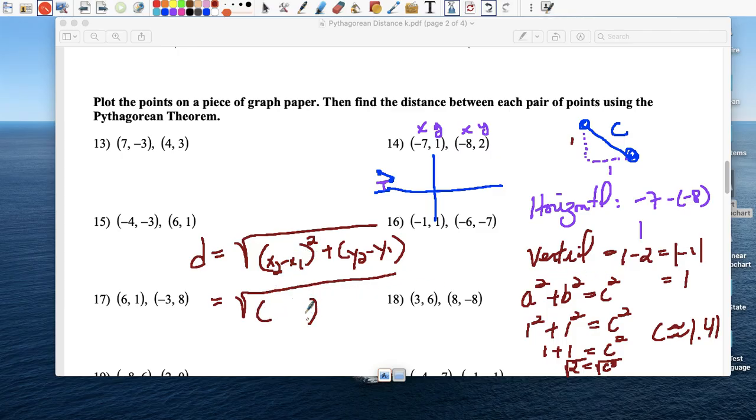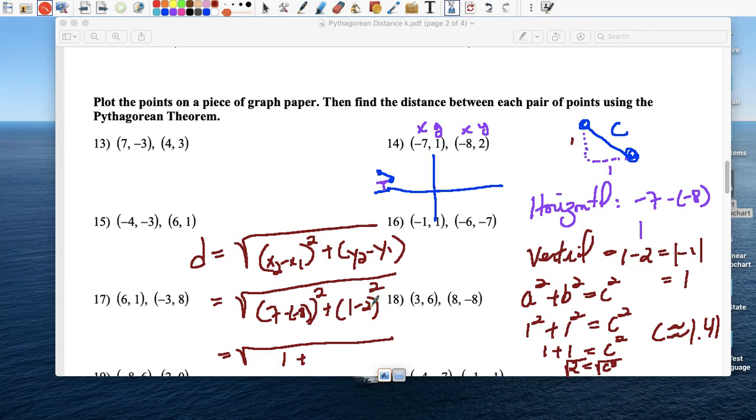The x values: it's negative 7 minus negative 8, to the second power, plus the y values, 1 minus 2, raised to the second power, which equals, and again, you're going to get the same thing. Negative 7 minus negative 8 is 1 to the second power, and I'll just do that automatically, which is 1, and then plus negative 1 to the second power.